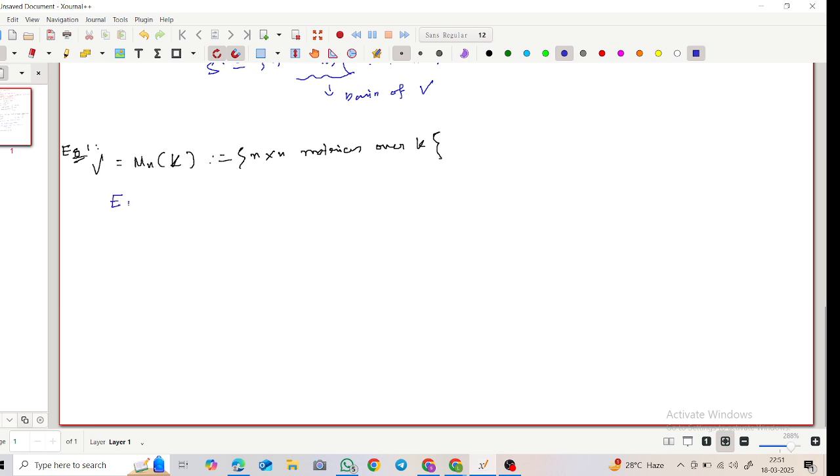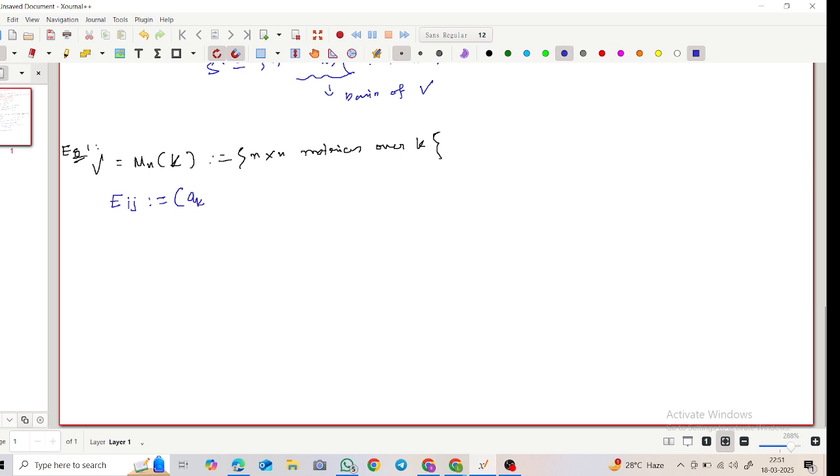I am defining E_ij. What is E_ij? E_ij is a matrix. How should I write it?